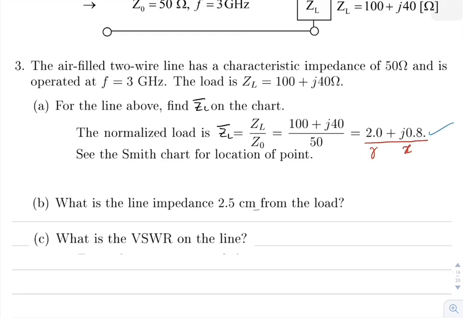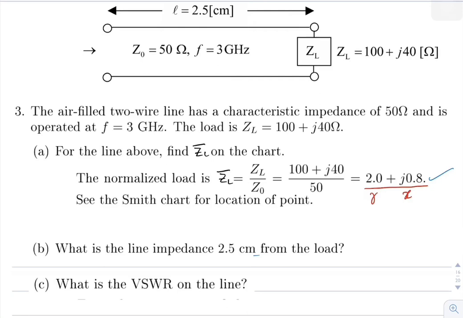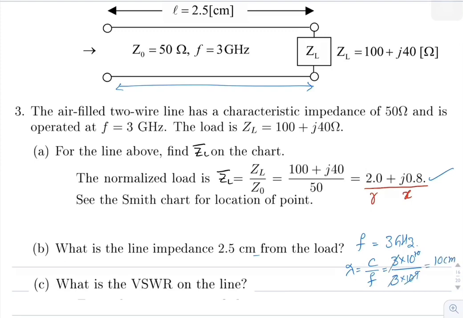What is the line impedance 2.5 centimeters from the load? So 2.5 centimeters from the load means this length. The operating frequency F is given as 3 GHz. Wavelength lambda equal to C by F, that is 3 into 10 power 10, in centimeters, by the operating frequency 3 into 10 power 9. Therefore wavelength equal to 10 centimeters.